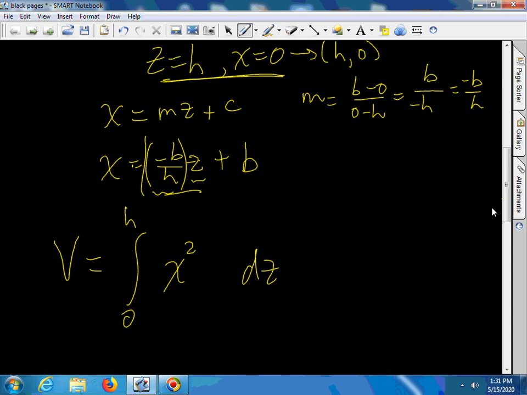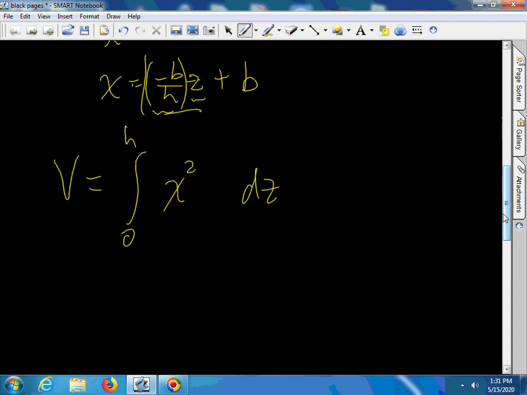Okay? But x is a function of z. X changes as z goes from 0 to h. So basically, I am going to put in this for x. It's the integral from 0 to h of something squared. Now, I can factor out a b.